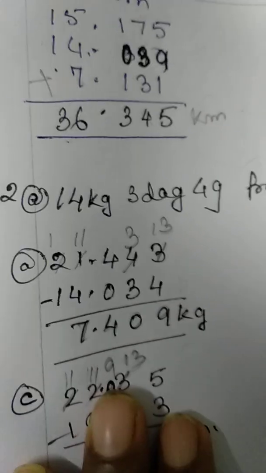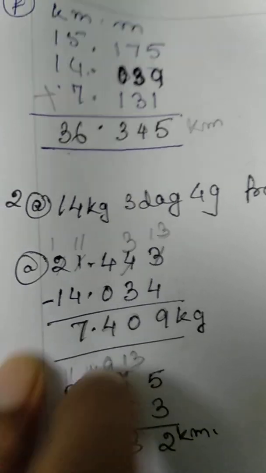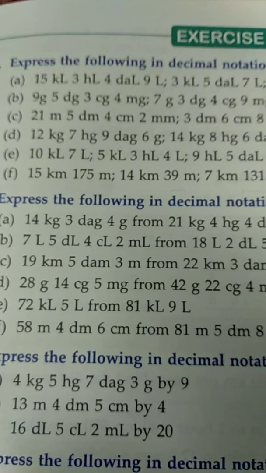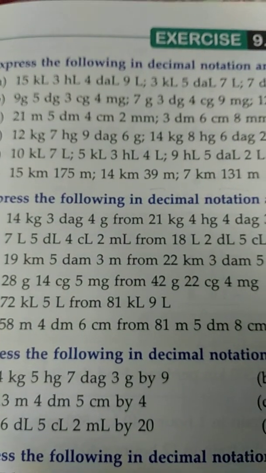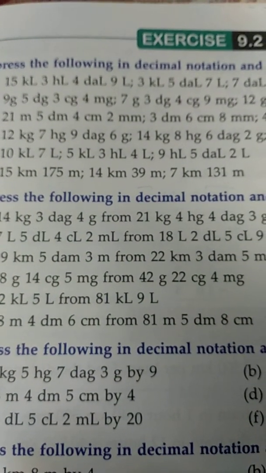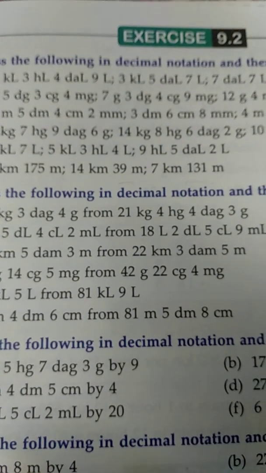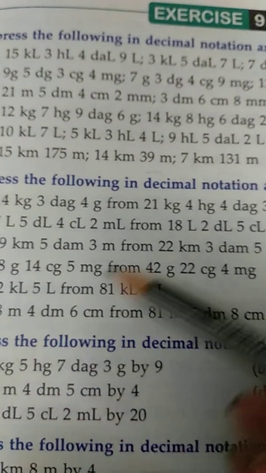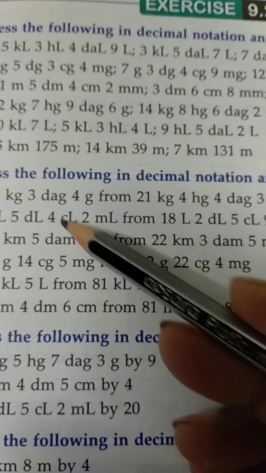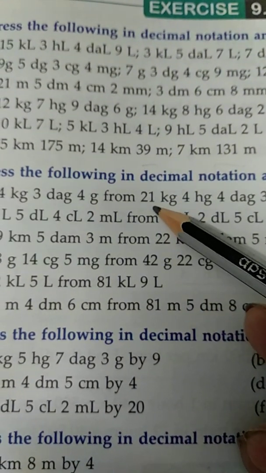Here the question is, what is the question? Let's see. The question is 14 kg 3 DAG 4 G from 21 kg 4 HG 4 DAG 3 G. That means I have to subtract this number from this one.